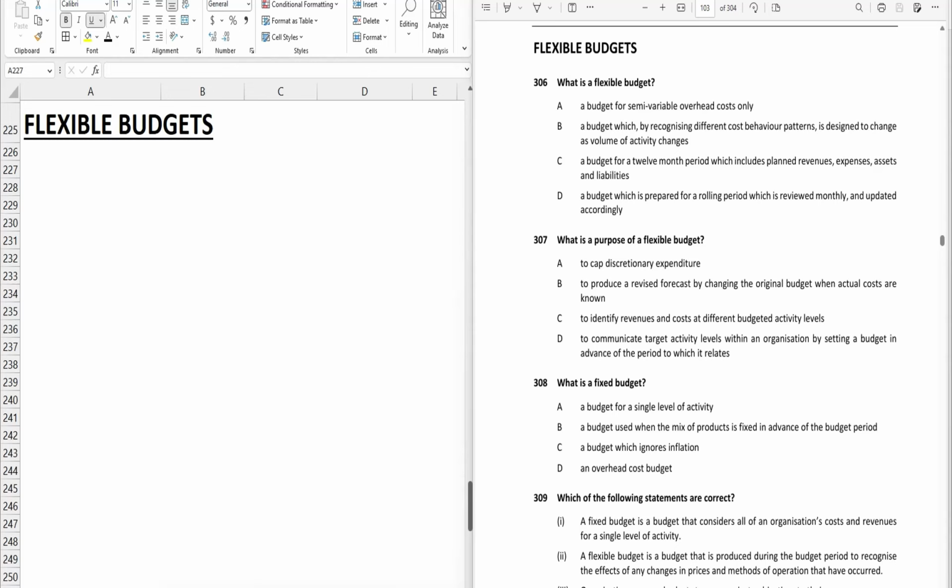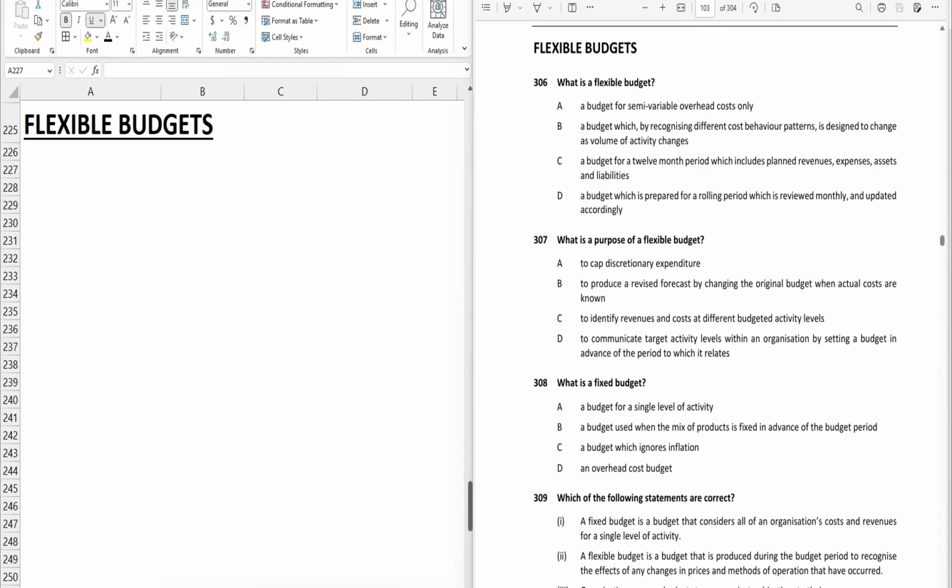The third statement is a budget for a 12-month period which includes planned revenue, expenses, assets, and liabilities. So basically a full 12-month budget sounds more like the master budget, right? So that's why it's incorrect.